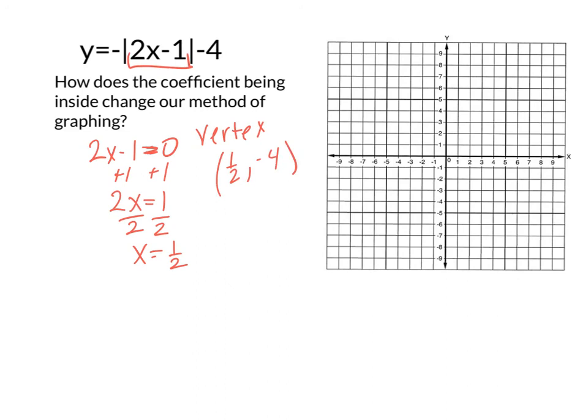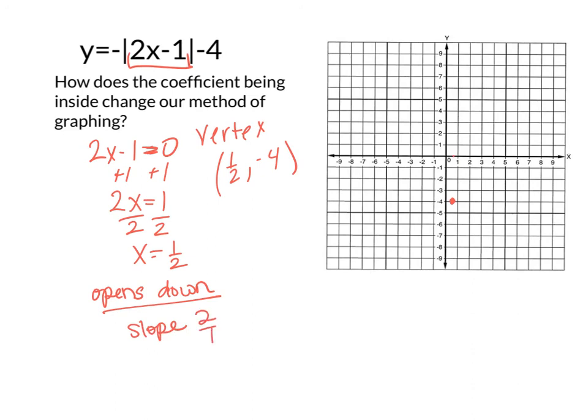So my vertex is at (1/2, -4) instead of (1, -4) that it would have been if the 2 was on the outside, which is why it's a horizontal shrink. It moved from 1 in, it shrunk it in. So we're at (1/2, -4). And it opens down because it's negative. And lucky for us, the slope is still the coefficient on the x, 2/1.